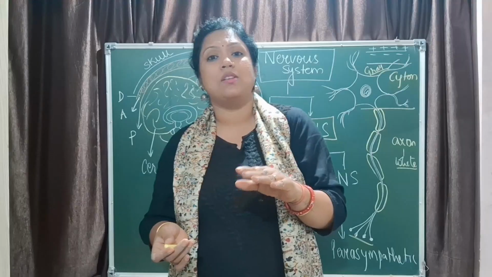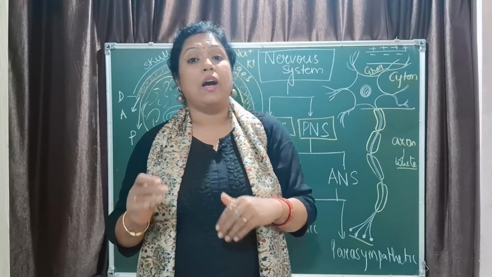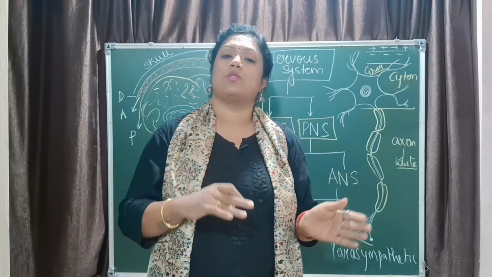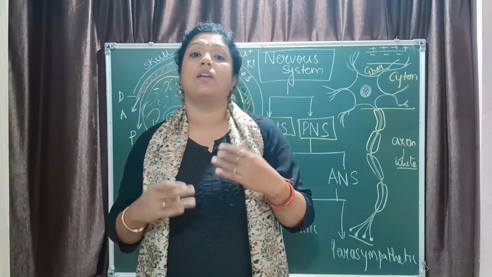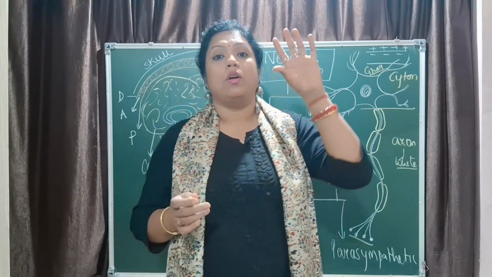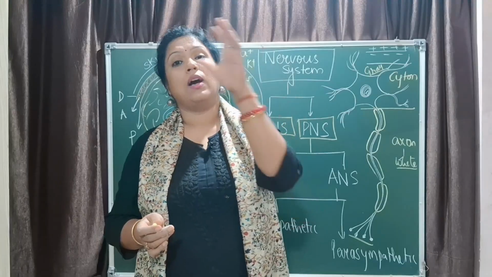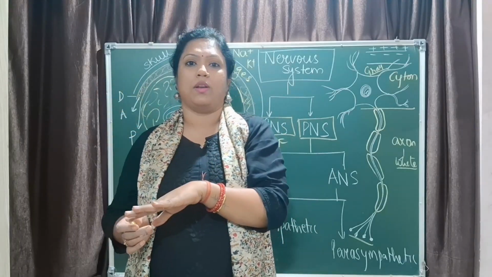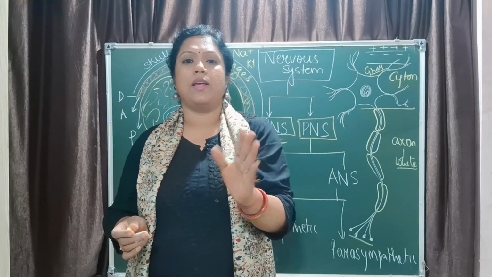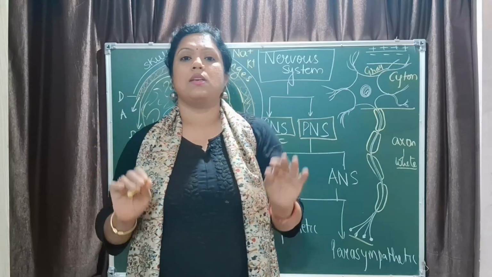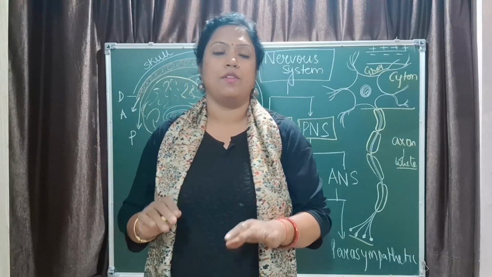So in action potential, depolarization happens. After that it has to come back to its normal condition. It is called repolarization. So resting potential is the polarized state, action potential is depolarized, and again resting potential is repolarized. So polarization, depolarization, repolarization. These are the steps of conduction of nerve impulse.